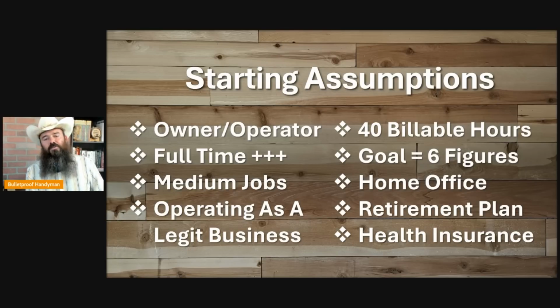We're going to go off the goal of 40 billable hours per week. And that doesn't mean we're always going to hit those 40. But when I say billable hours, I mean hours that we spend on the job actually doing work. That's what I mean when I say billable hour. And it doesn't mean that you can't also bill for shopping time and for admin time and stuff.